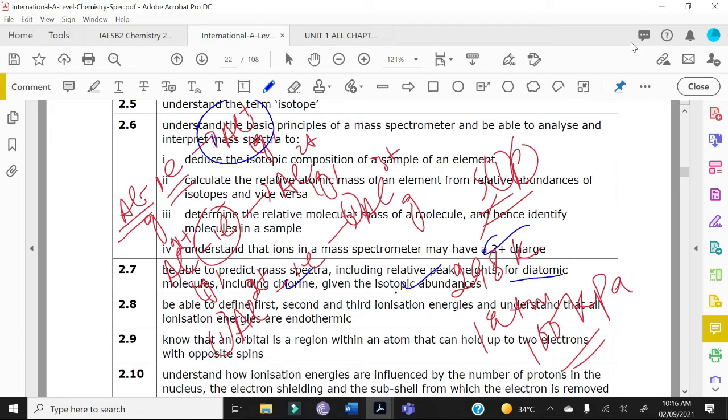For the second ionization energy, the enthalpy change when 1 mole of a gaseous 1 plus cation releases 1 mole of electrons, changing into 1 mole of 2 plus cation.